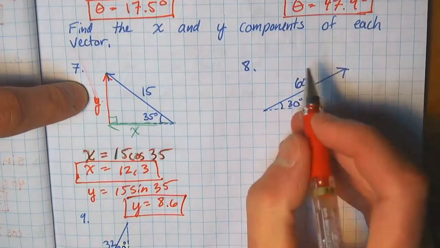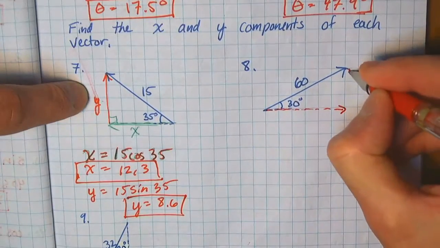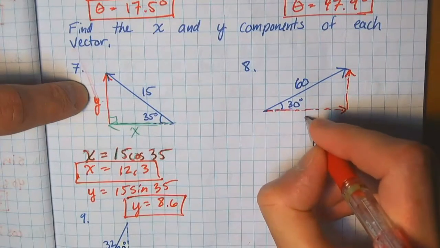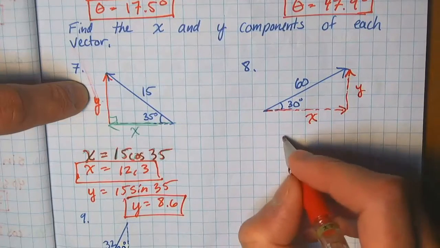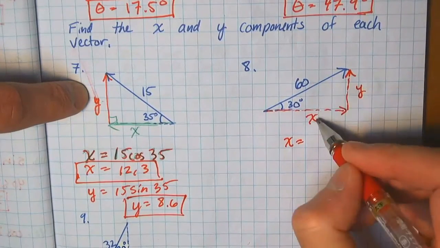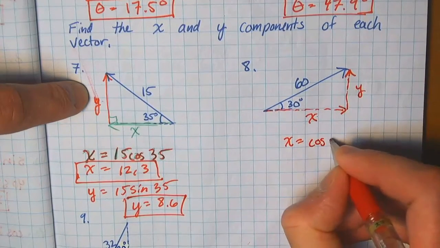This one, same deal. We're going to break it into an x piece and a y piece, the horizontal piece and the vertical piece. I'm just going to go straight to it because I have the hypotenuse of the triangle and I'm looking for the leg of the triangle, so that's just going to be cosine.